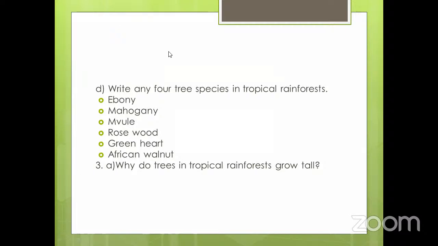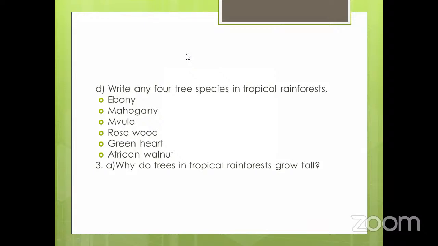Why do trees in tropical rainforest grow tall? Who can give us the reason? When I was explaining the characteristics, I gave the reason. Why do they grow tall? Because they want light.